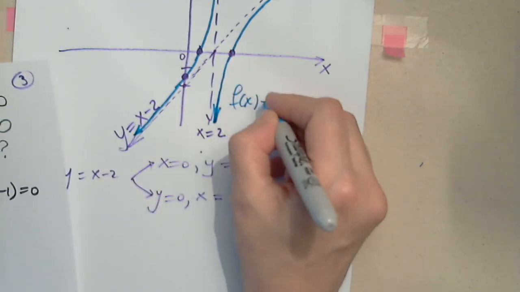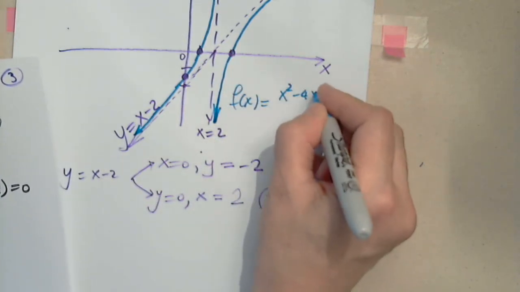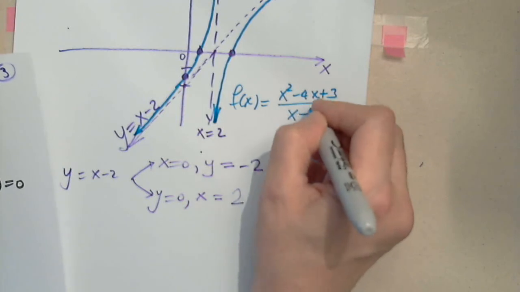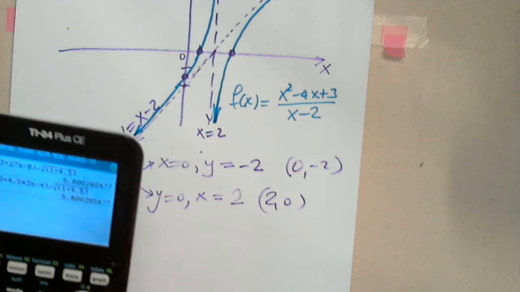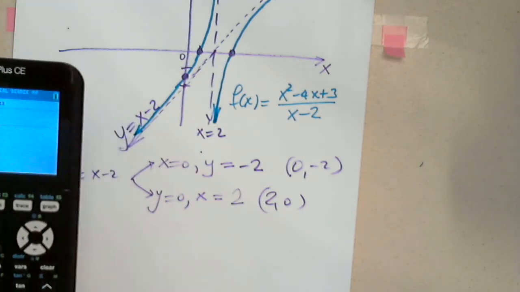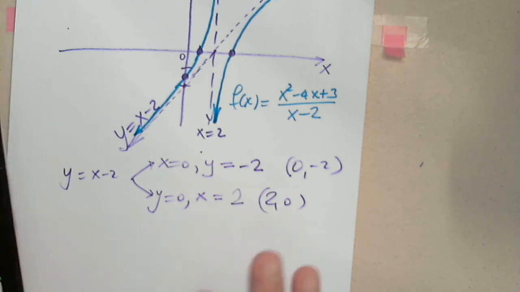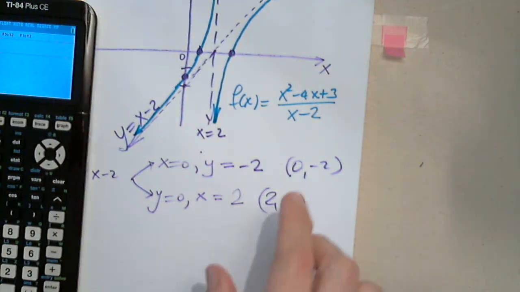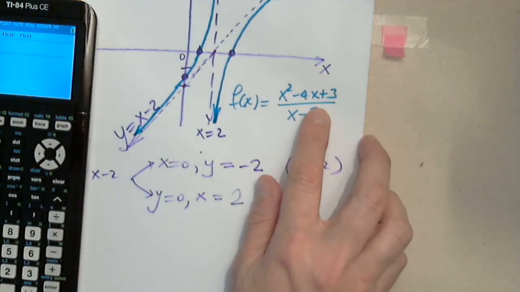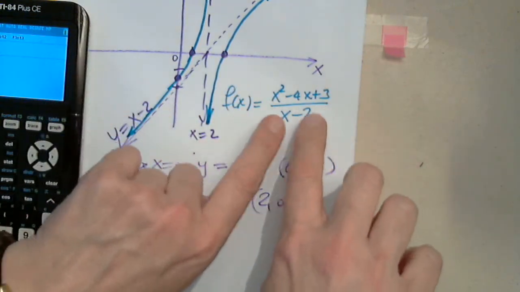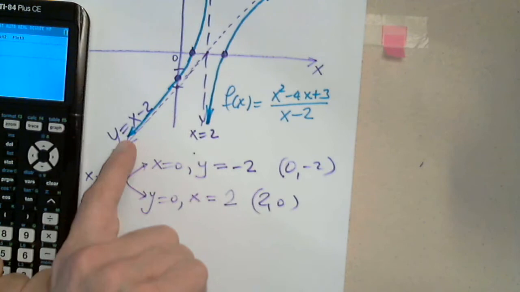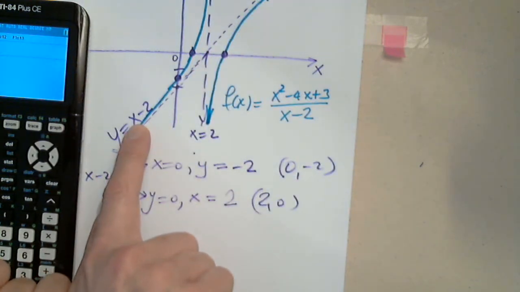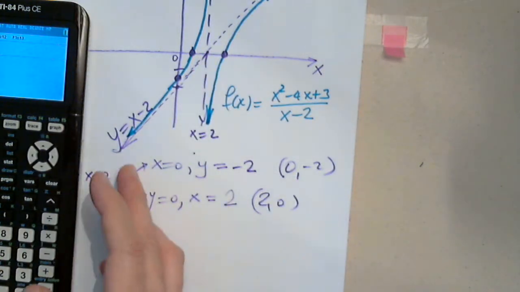This is the function x squared minus 4x plus 3 over x minus 2. I will not ask you to graph it. If you want to check with the graphing calculator, let's do that. Clear anything you have, and you have to put in two functions. You have to put in this function carefully with parentheses around the numerator and the denominator, and you have to put in this function because the calculator will not put it in for you, which is the slant asymptote.